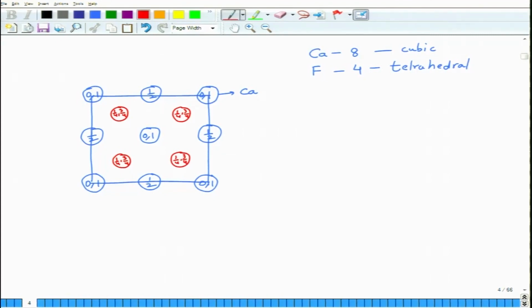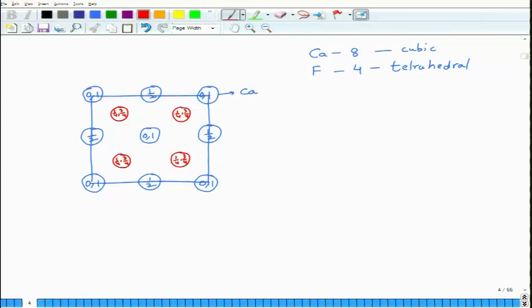Now, we have drawn this on the basis of the cation forming a lattice and the anion going to the tetrahedral interstices. However, if you want to look at the structure from the perspective of the cations forming the lattice, then you need to consider a unit cell in a different manner. Let us say I draw a unit cell which is something like that.